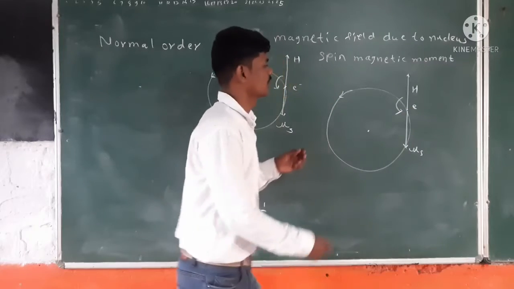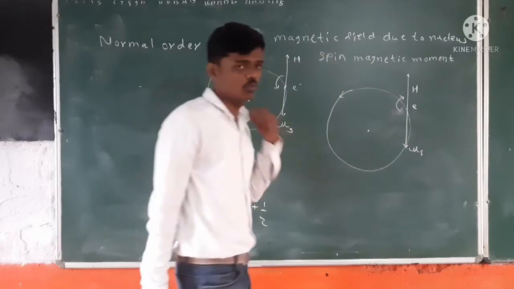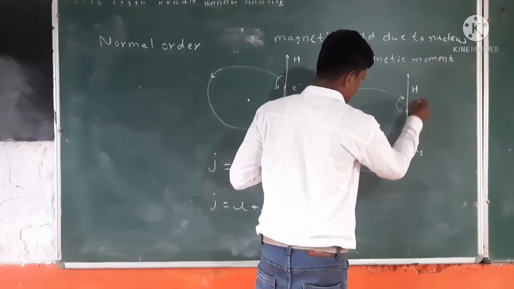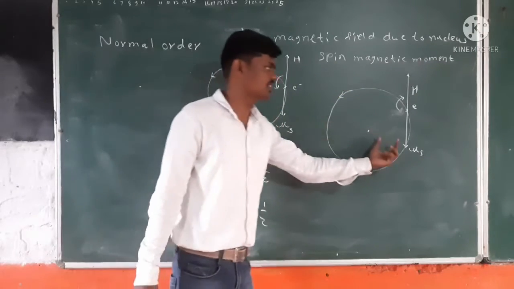Sorry, the spin has changed its direction. Now the spin magnetic moment is anti-parallel to this H. In this case it is parallel, in this case it is anti-parallel.